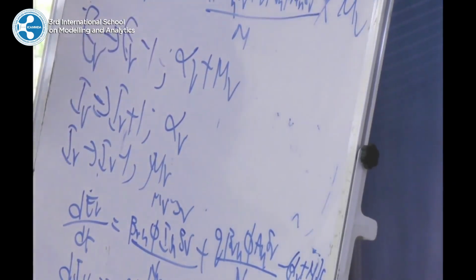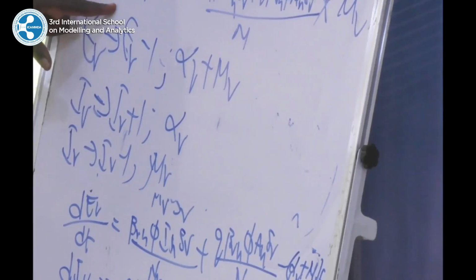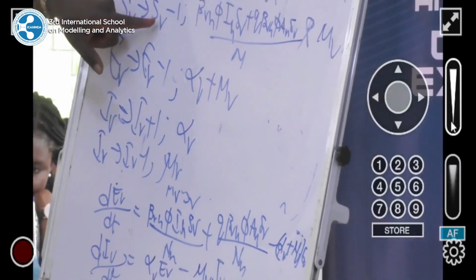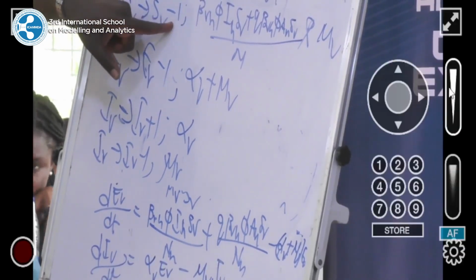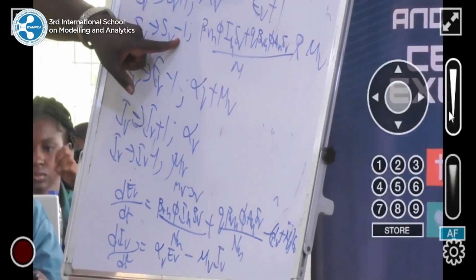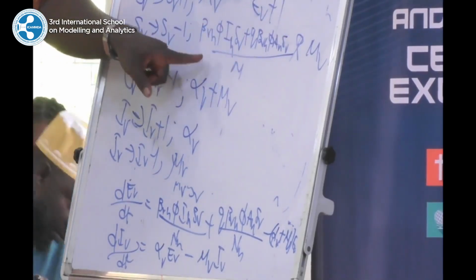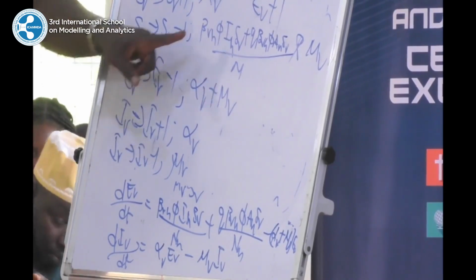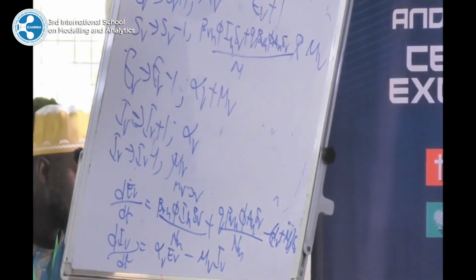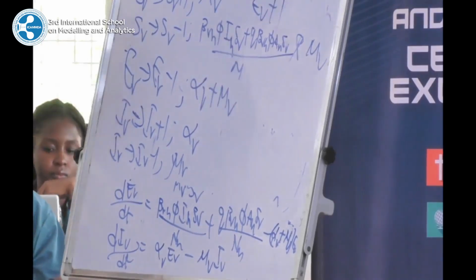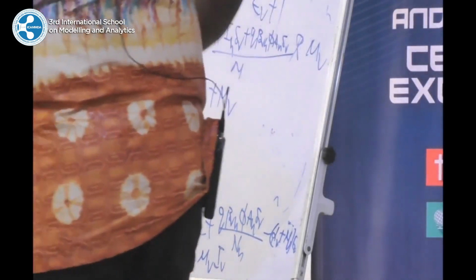No, because there is a relationship. Like SV, right? SV minus 1, so this one is relating to two. Like you can have SV minus 1 and EV plus 1, EV minus 1.